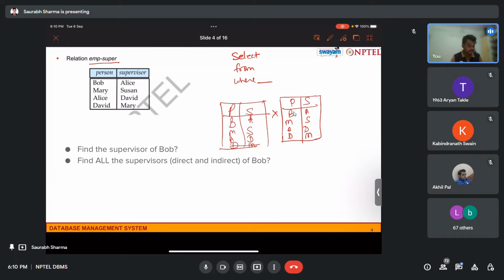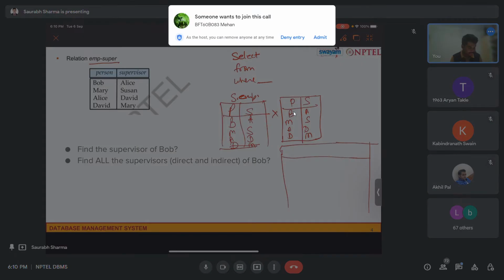If we perform the Cartesian product between them, what will we get? We will get a total of 16 tuples, and we can write it like s dot m super, then this is t dot m super. The name is given randomly.